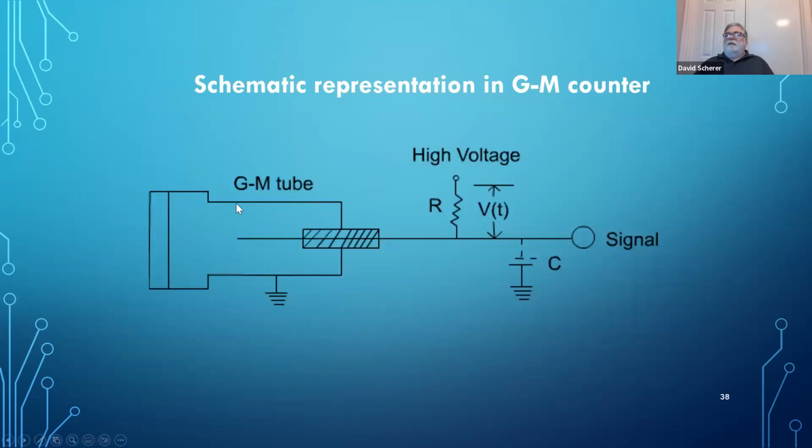Here's a schematic showing it. We have a window that allows the radiation, particularly charged particle radiation, to enter. We have our anode that collects the electrons. We have our cathode. We have a voltage that's applied to that chamber relative to the central wire, and we get a signal out.